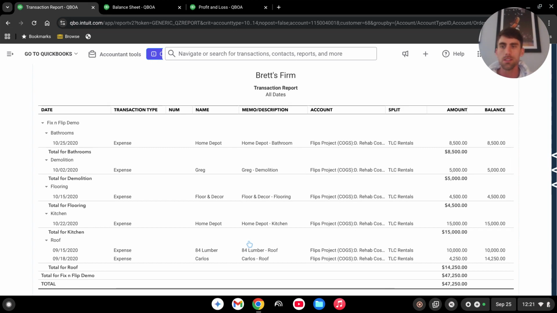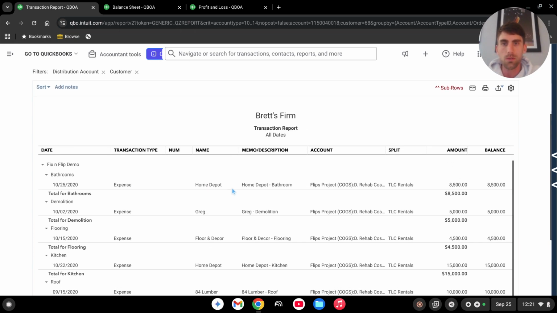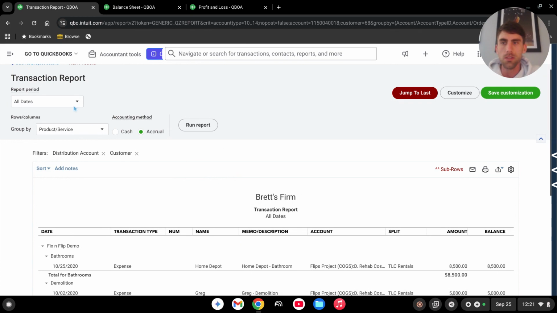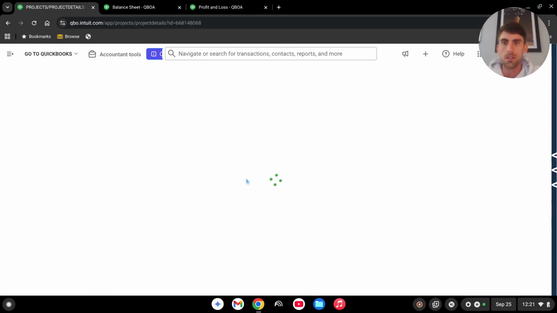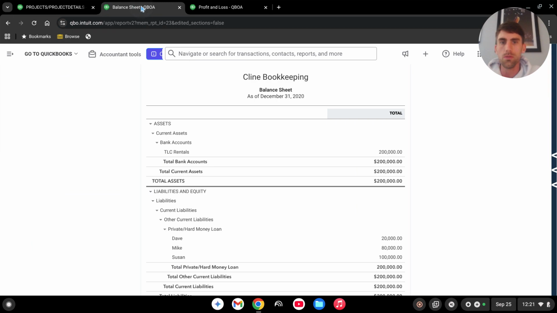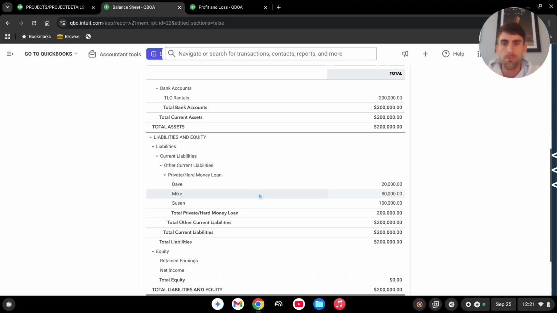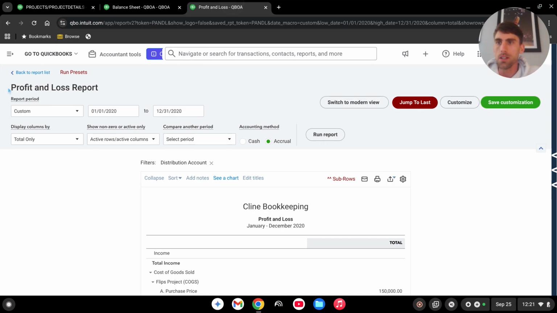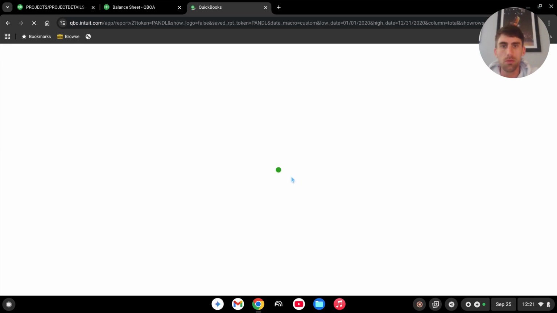So this is the level of detail that you probably want, because if you're going to do a lot of fix and flips, you can come back into these and compare what you were spending on previous projects to help you estimate for the next one. So that's a cool thing about using that. And let's go into our profit and loss so we can see what this looks like. So we have our project portal that gives us some good detail.